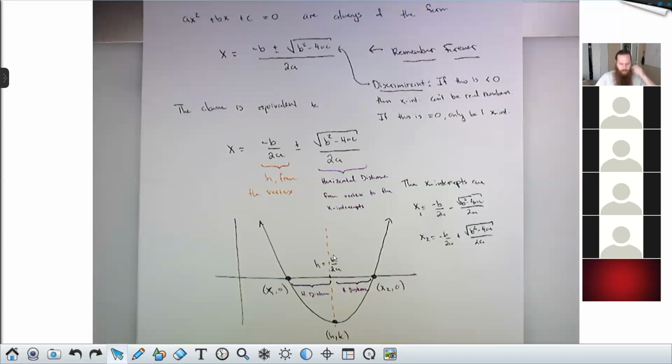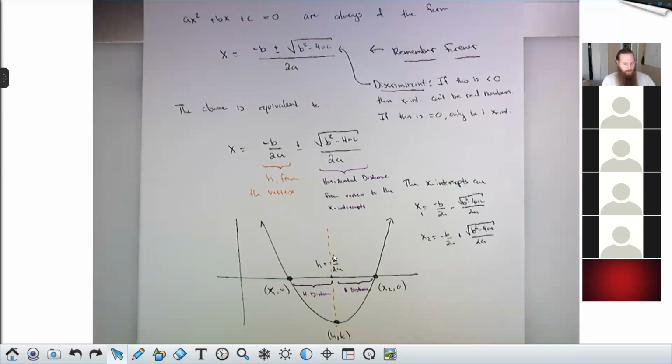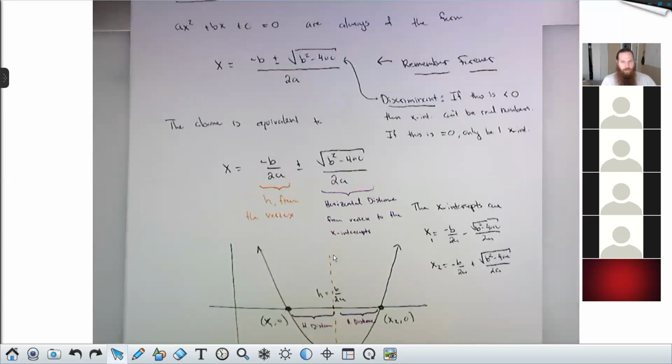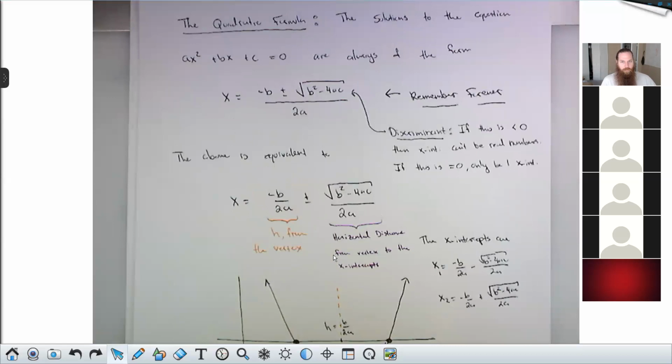I want to run through one of these problems that asks you to do a discriminant calculation, and then we'll look a little bit at complex numbers, okay? If you need any more time with this, you might want to take a screenshot. Here's the first part.